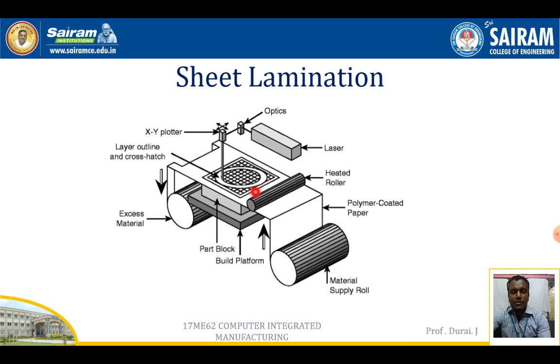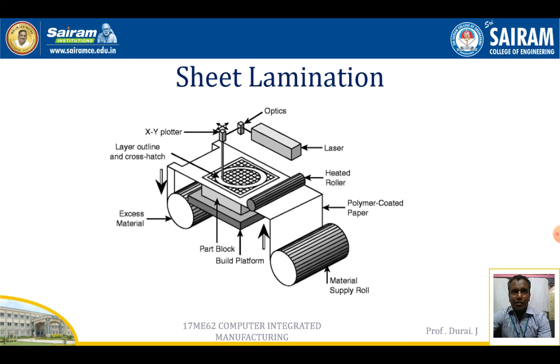So first we are going to discuss laminated object manufacturing. Here thin sheets are used. For example, in this technique paper is used as a material, and adhesive is used over here.